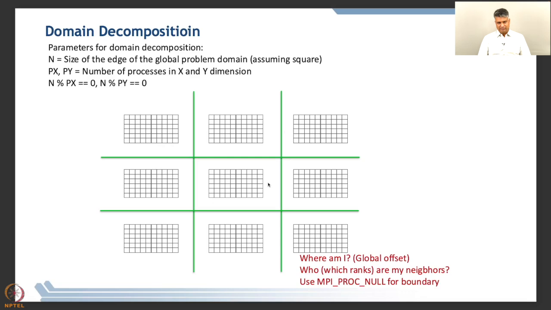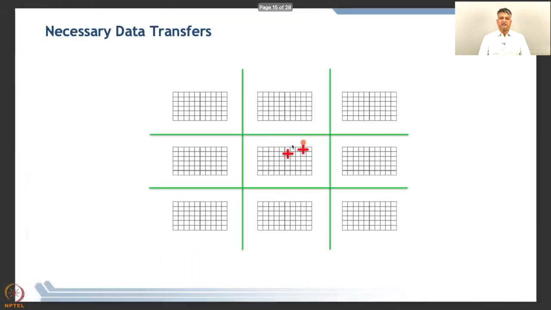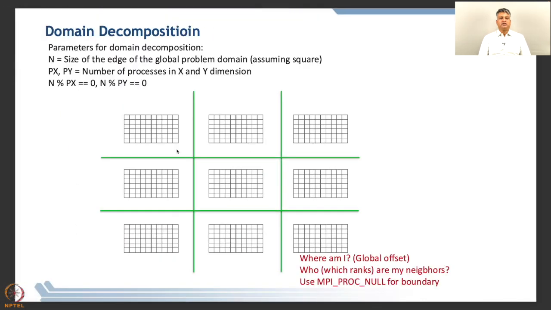Let us say in this particular example, we have distributed this problem in 9 processes, 3 in the x direction, 3 in the y direction. We then have totally 9 processes. We can number them as 0, 1, 2, 3, 4, 5, 6, 7 and 8.